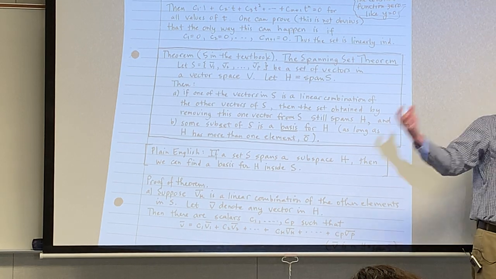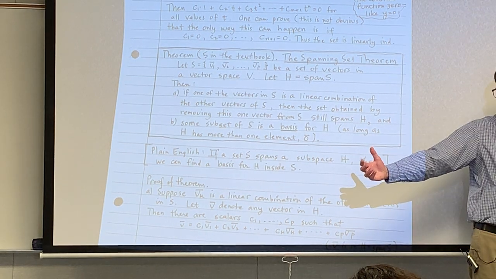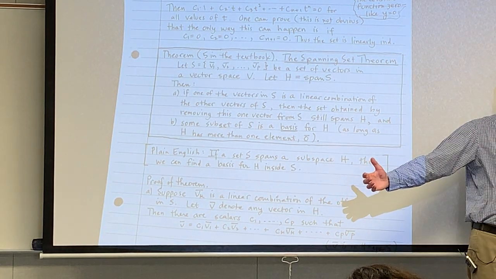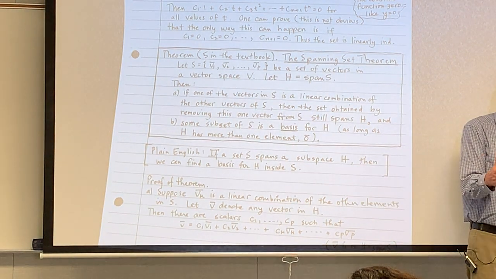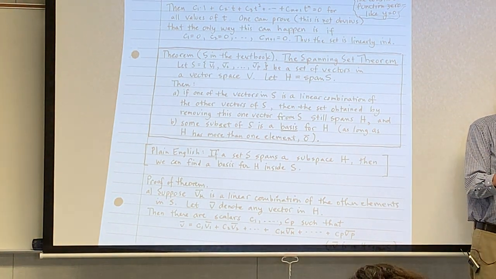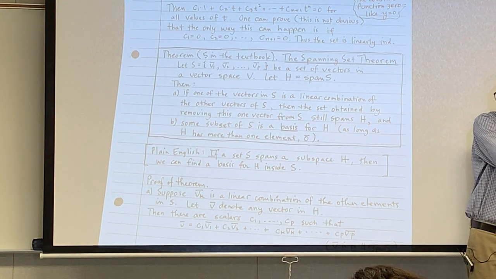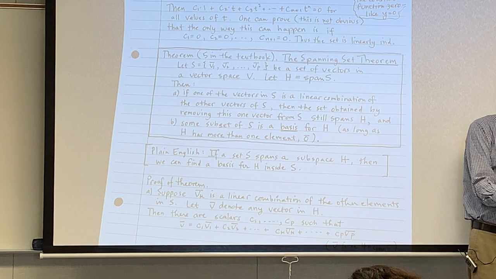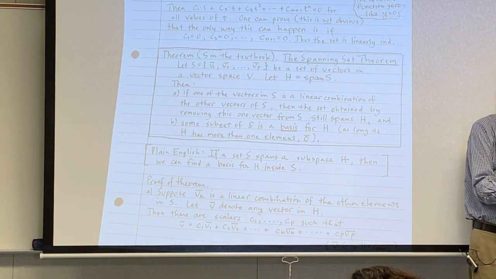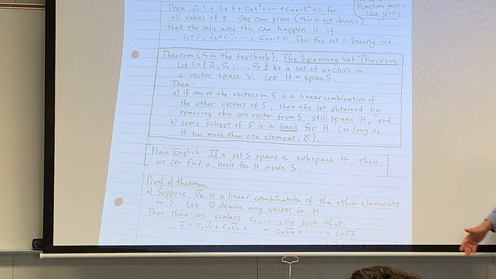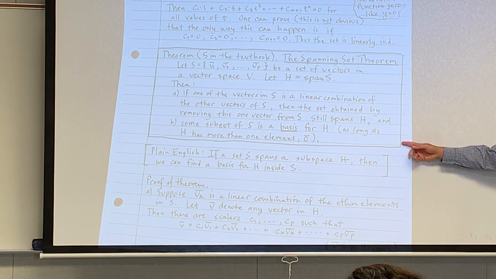I might have to remove another one, still have the same span. If I keep doing that process, eventually I'm going to get down to a set that's independent. Meaning, at that point, if I try to remove one more, I'm not going to have the span being H anymore. That's the idea of this theorem.